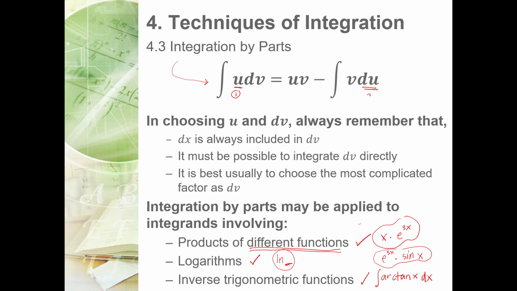Notice that it just comes from the u parameter; you have to derive u to get du. Next is the v parameter, then the dv parameter. So there are four variables that you need to obtain.